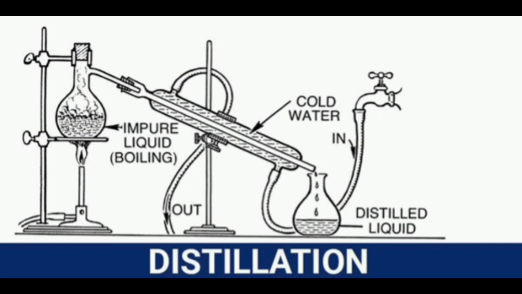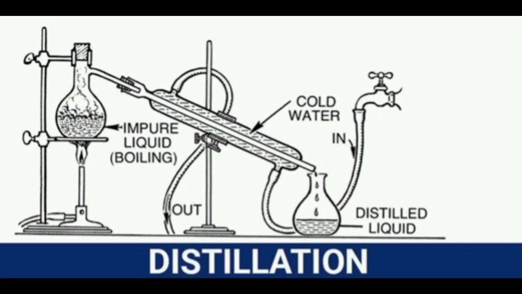So fractional distillation is used to separate miscible liquids which have close differences in boiling points of the components. But remember that for fractional distillation to be effective, the difference in boiling points between the different fractions must be more than 10 degrees Celsius. So it cannot be like 95 and 100.